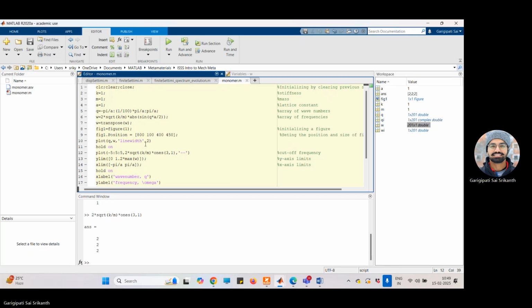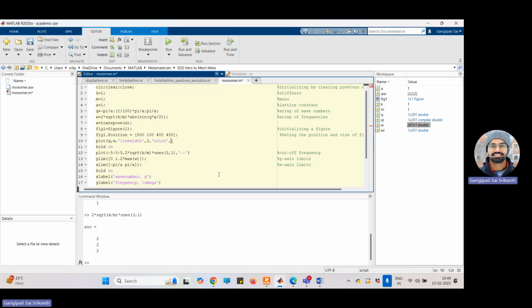Okay. Let me change the color. Just this is the property. So you can refer to the function plot, and then you can look at all its properties.